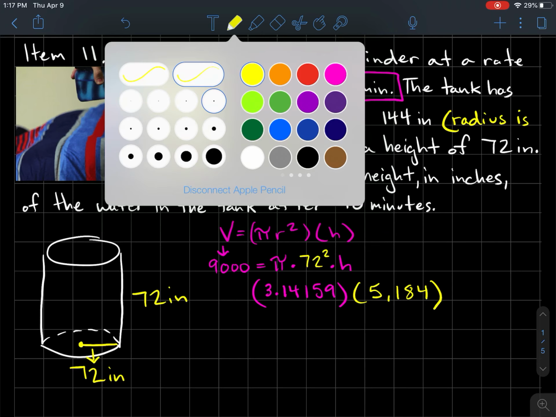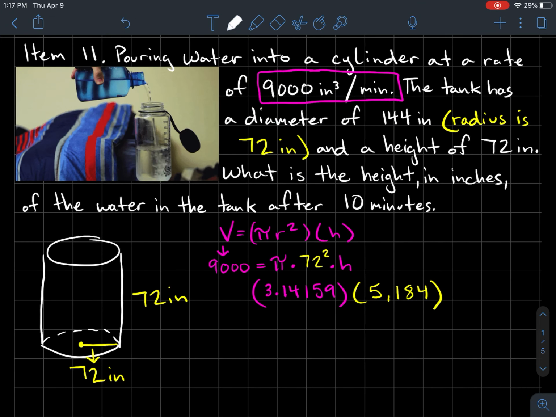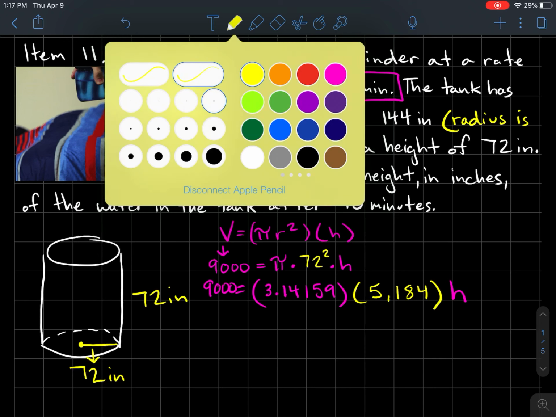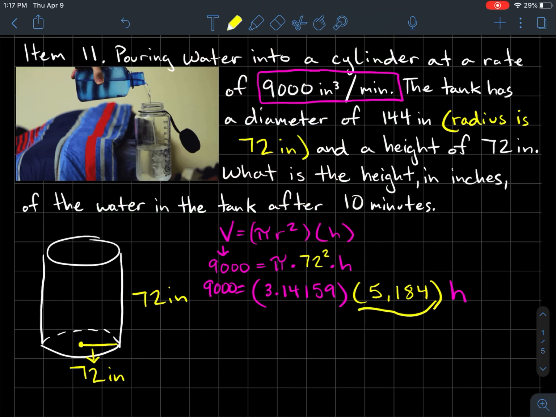And then the height, we'll leave it in pink. The height is h. That's still what we do not know. And it's going to equal 9,000. So the next thing we're going to do, let's multiply these two numbers together. We're going to say 5,184 times 3.14159.